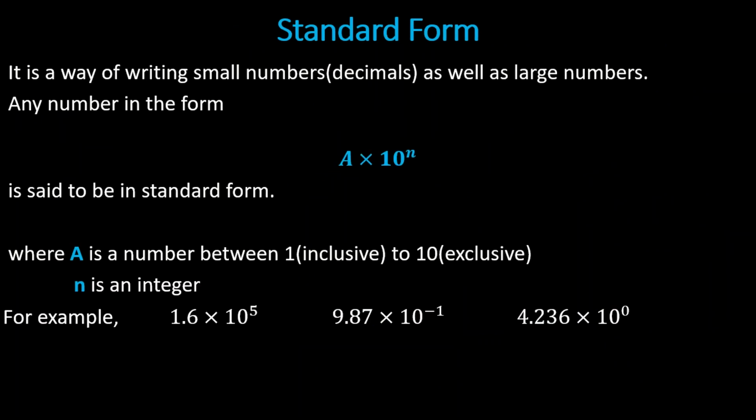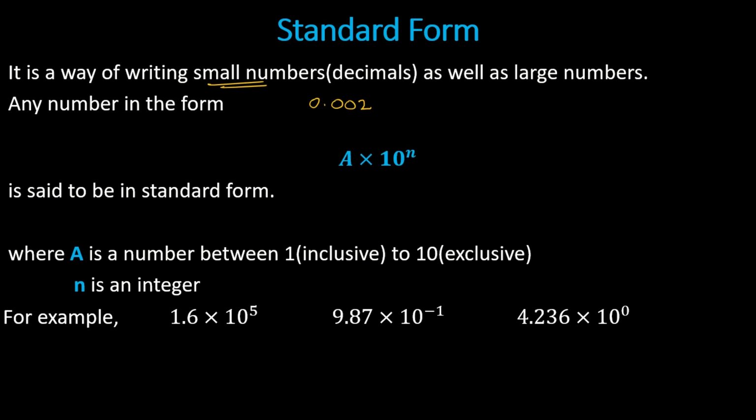So let us proceed with standard form now. Well, what is standard form? Where can we use standard form? Let us see. Whenever we are dealing with small numbers, for instance decimal, for example 0.002, this is a very small number, it is very close to 0, right?